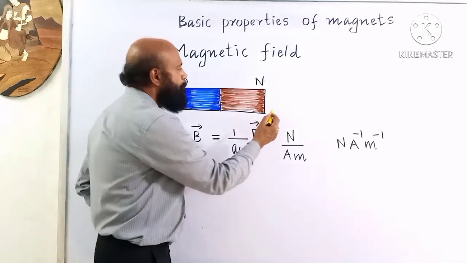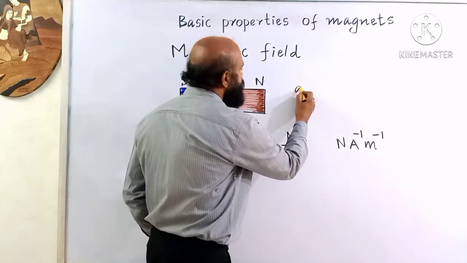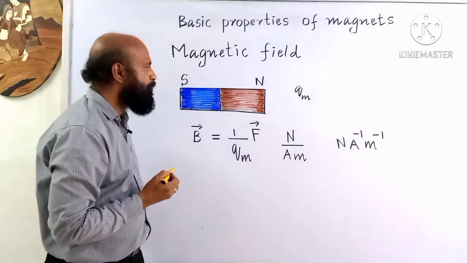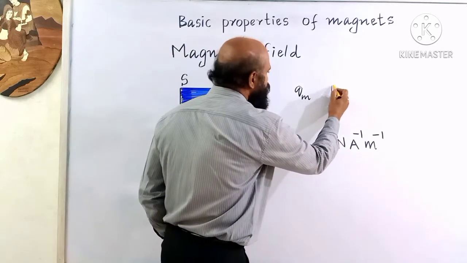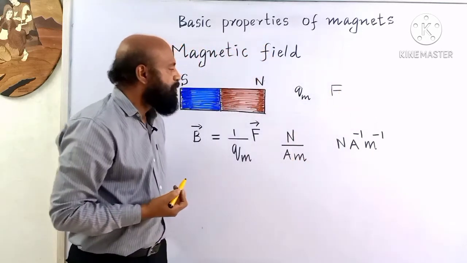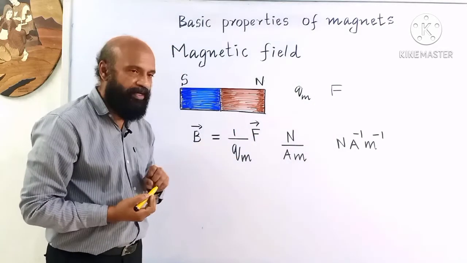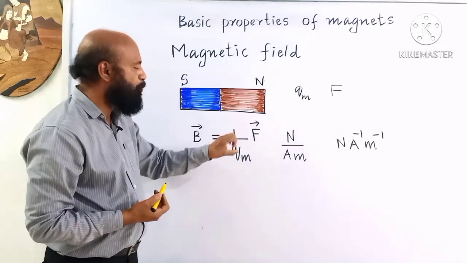Suppose you keep a bar magnet of pole strength QM. It is experiencing a force F. If you divide, you will get the force experienced by a unit pole.